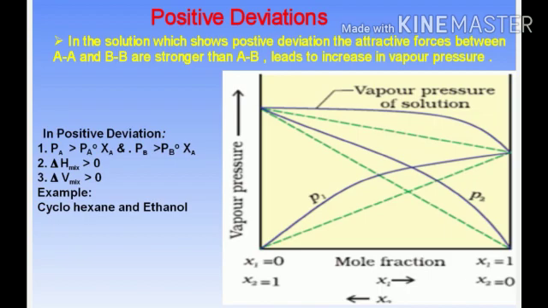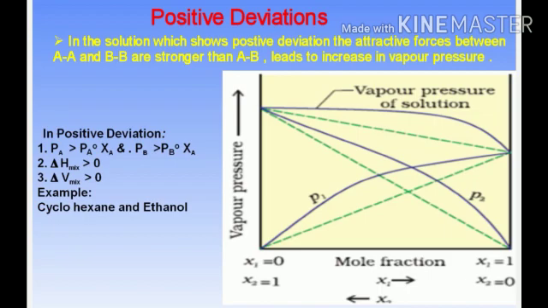And students, in the figure, purple lines represent positive deviation and dotted lines represent an ideal solution. Let us consider a binary solution of two components A and B. In this type of deviation, like molecules have greater forces of attraction as compared to the interaction between unlike molecules.